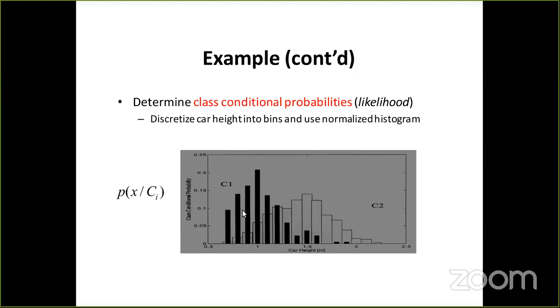Then we normalize it so that the sum comes up to 1. For C1, we observe that most of the cars are centered around 1 meter in height, and for C2, most of the cars are centered around 1.5 meters.